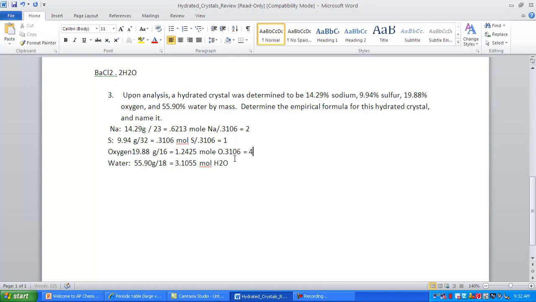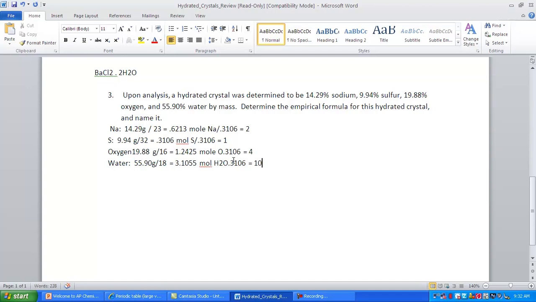And finally, dividing through this 3.1055 moles of water by the smallest number, 0.3106. 3.1055 divided by 0.3106 is 9.998, which is a whole number of 10.